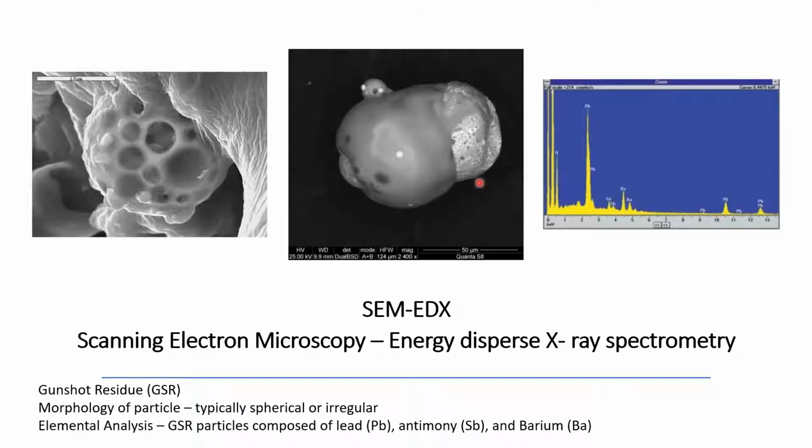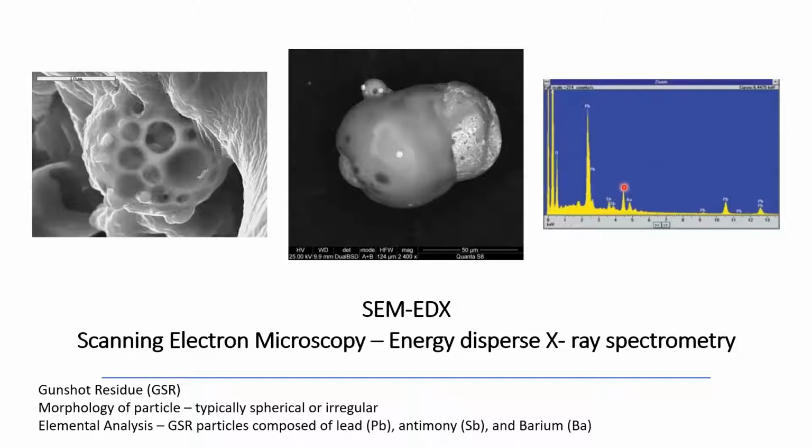So then using this EDX portion, you're going to see that this questionable particle is composed of, I can barely see this, sorry, lead, antimony, and barium. And those are the three elements that you find in GSR. So GSR is known to be composed of those.